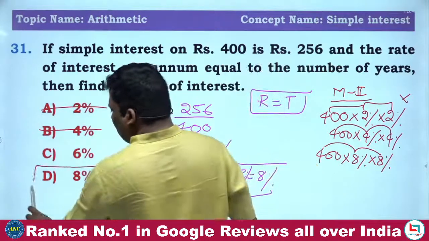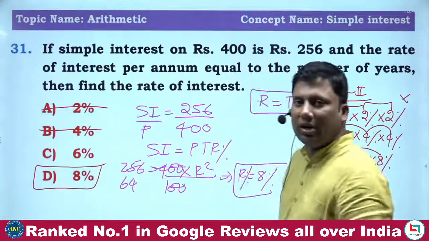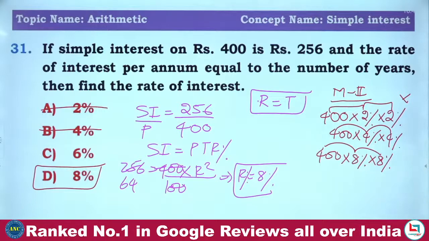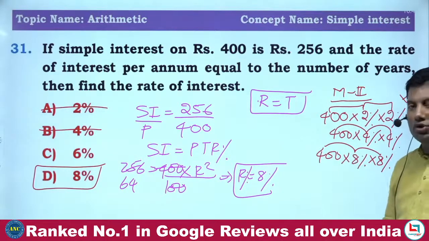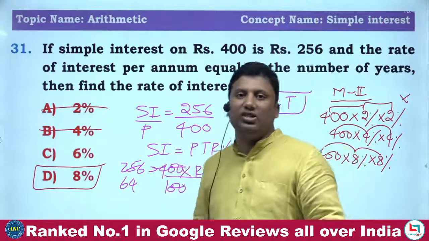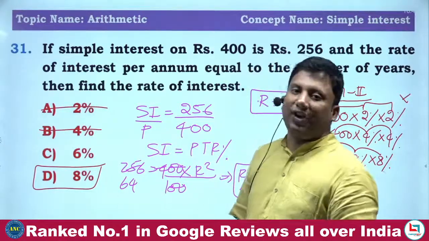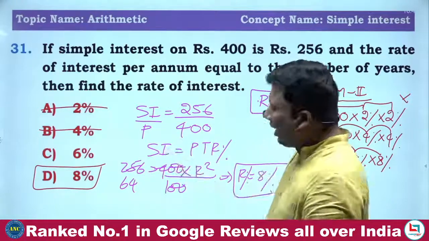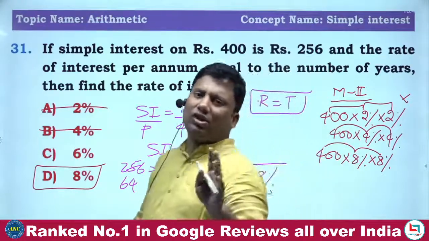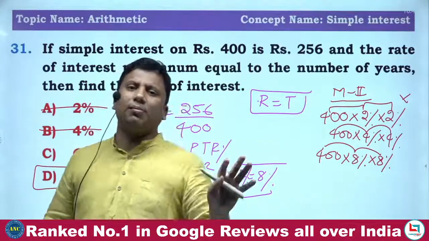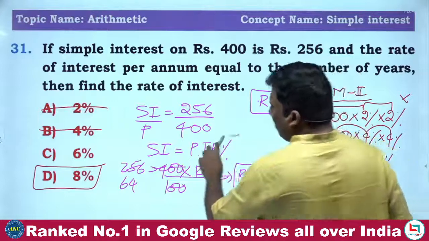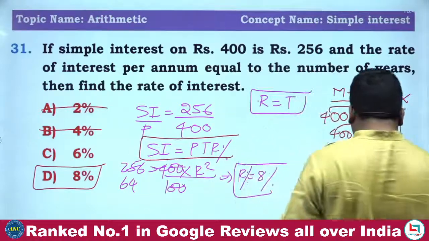Rightmost non-zero digit is matching at this number. 8 eights are 64, digital sum 1. 1 fours are 4. 256, digital sum is also 4: 2 plus 5, 7, 7 plus 6, 13, 1 plus 3, it is 4. You can use the rightmost non-zero digit logic, the digital sum logic, or the formulae method. We have also seen the proof why the formulae came into picture.